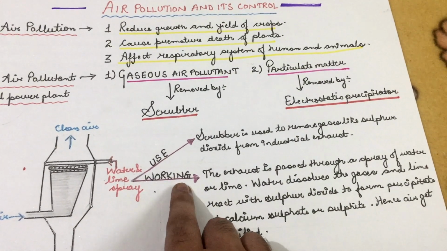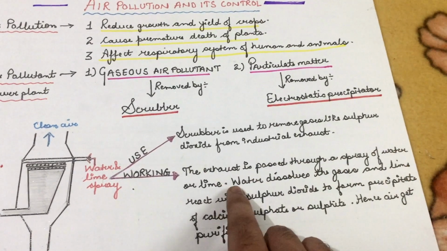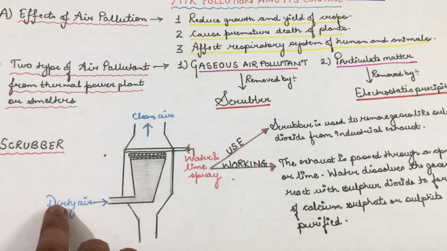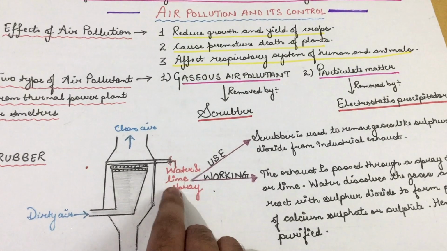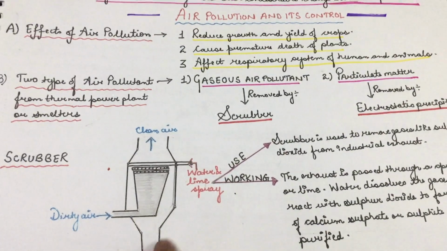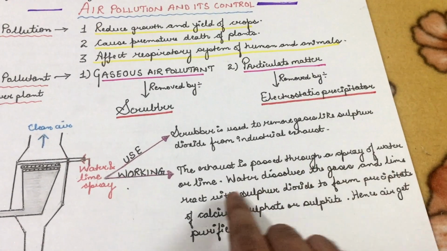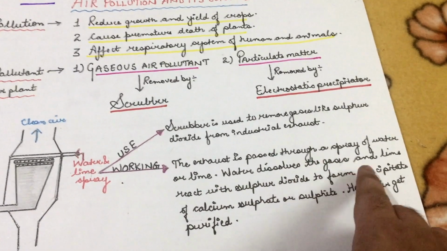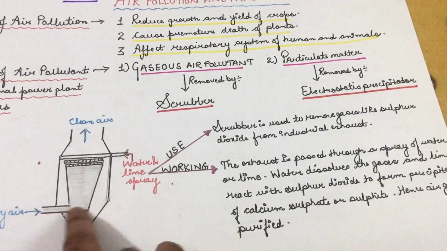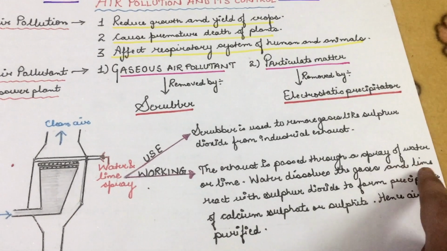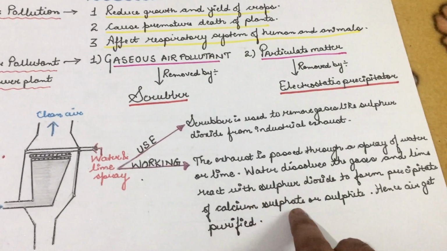Now let us look at the working. The exhaust with dirty air is passed through a spray of water and lime in the scrubber, as you can see in the diagram. Water dissolves the gases and lime reacts with sulfur dioxide to form a precipitate of calcium sulfate.